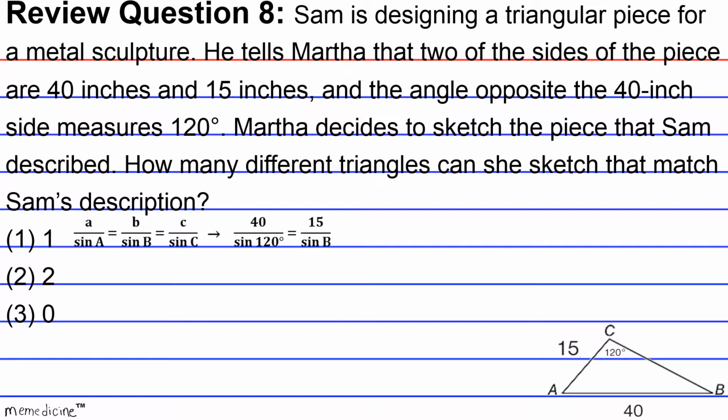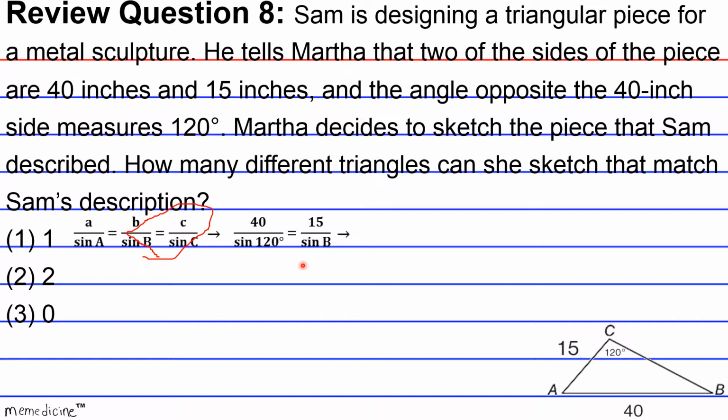So we're just dealing with this here. We're not looking at A yet. So since we're given all the information for angle C and side c, we go ahead and plug that in. So we can put 40 over the sine of 120 is going to be equivalent to 15 over the sine of B, because we don't know yet what our measurement for angle B is, okay?